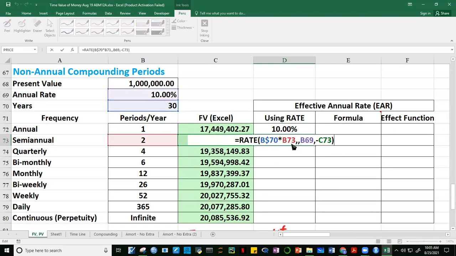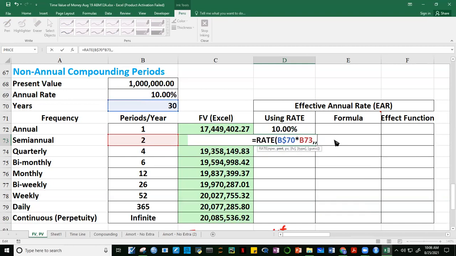Kasi dapat yung B69 is dapat fixed. Ay, wait. Sorry guys, nalito ako sa formula.